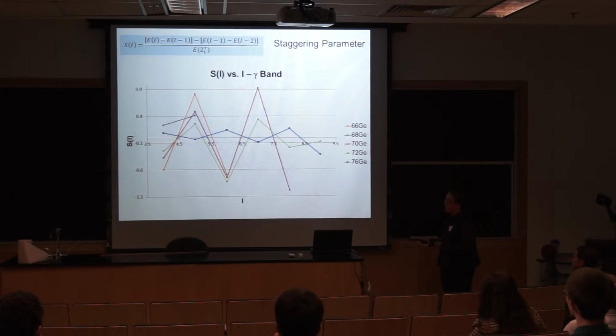And basically, what this indicates is that germanium-70 is actually more similar to other germanium isotopes, not germanium-76, so it's probably more gamma soft, which basically means that it doesn't show any particular preference toward the shape like prolate or oblate at low spin.